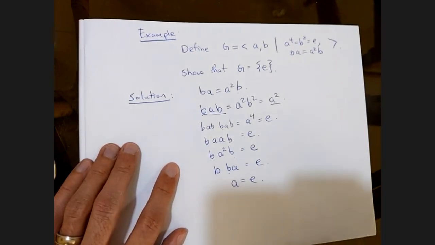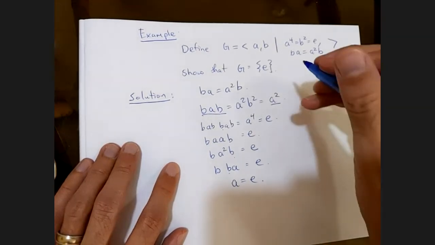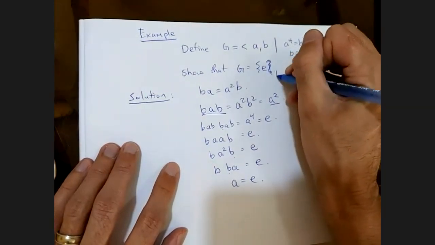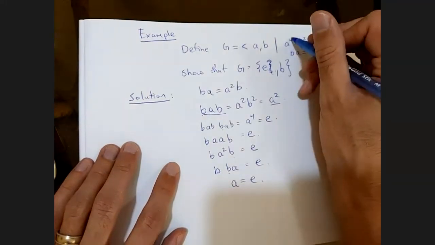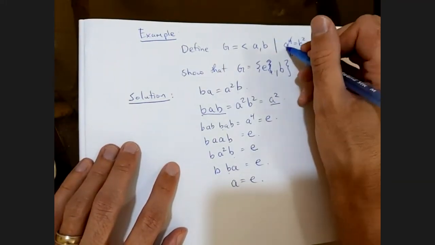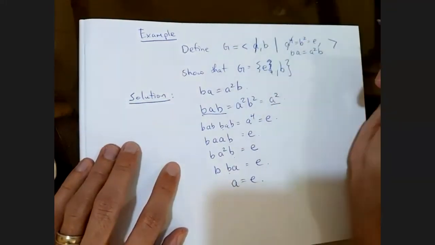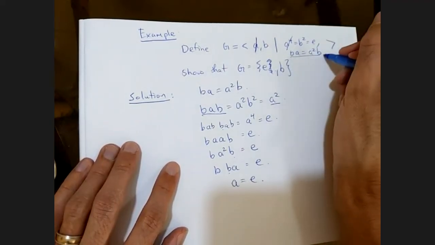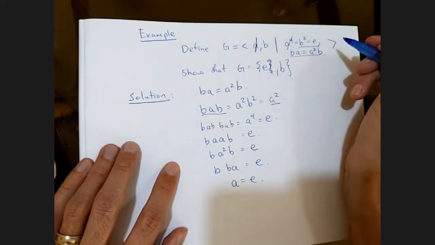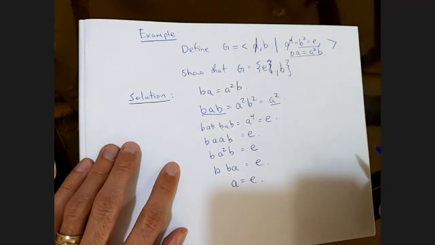Actually, I was wrong. I should have said, show that G equals this. This relation disappears because this generator disappears. And this equation just becomes B equals B. This still becomes B squared equals the identity.